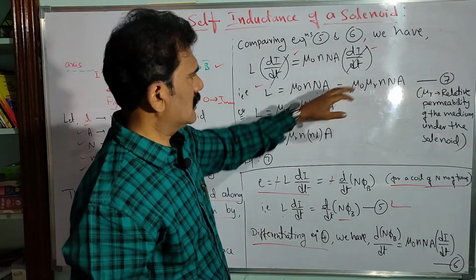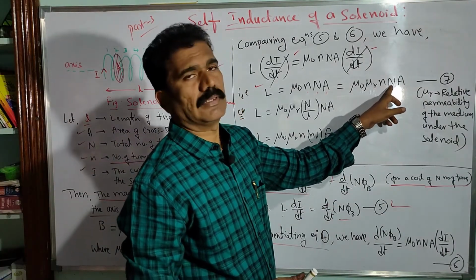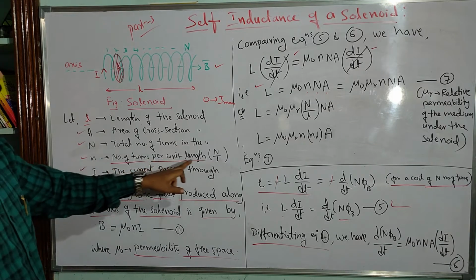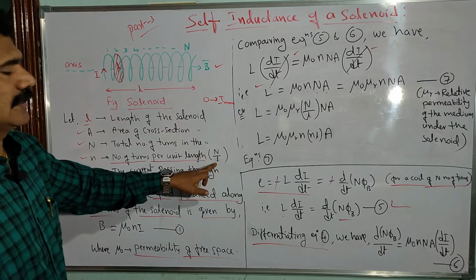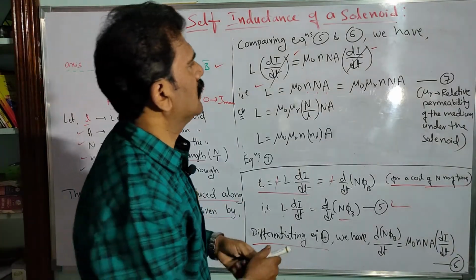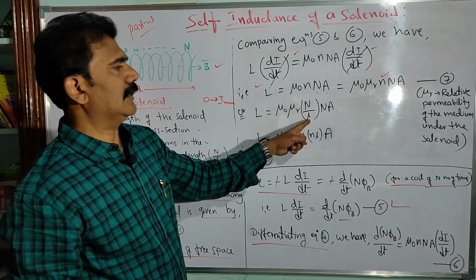Further, we can reduce the equation by substituting the value of small n or capital N, because we have the equation for small n, the number of turns per unit length, given by capital N by l, isn't it? So in the next step I am substituting small n equal to capital N by l.